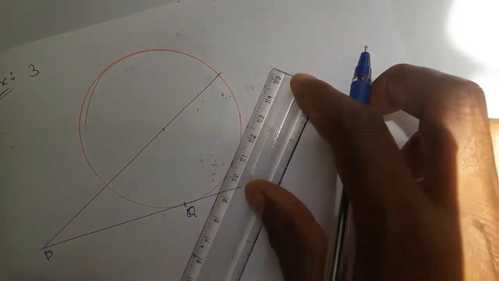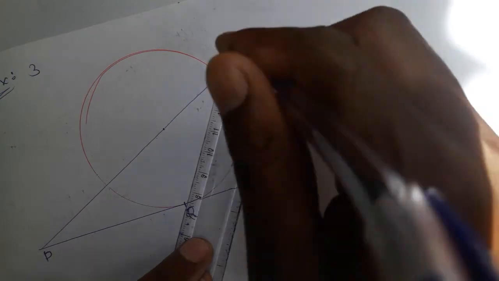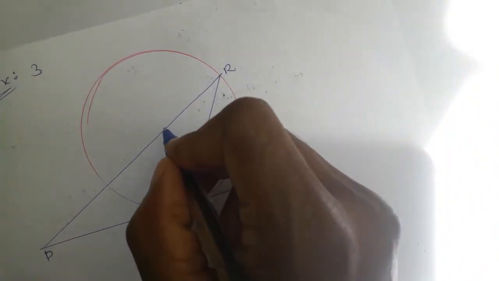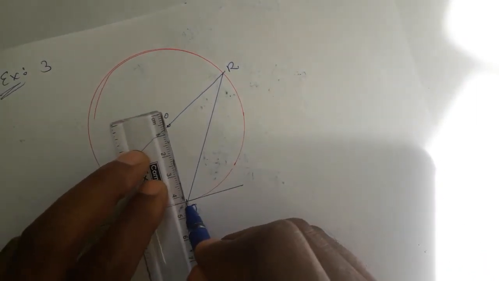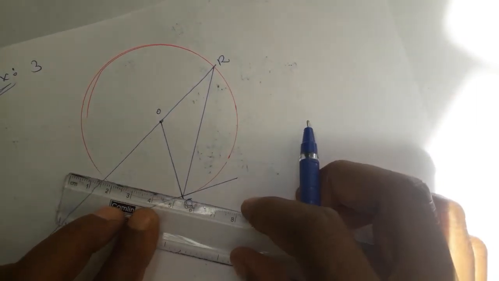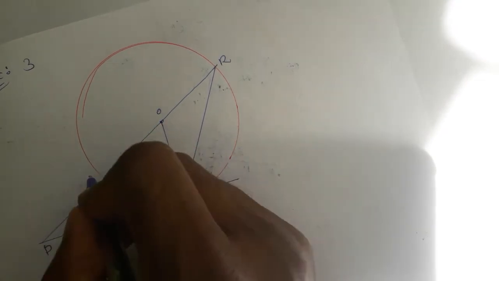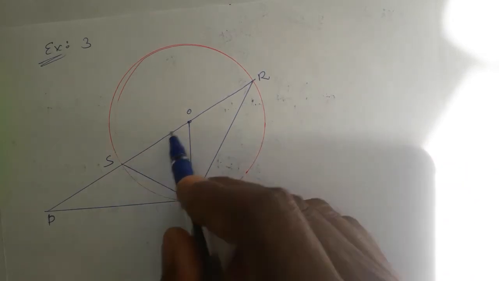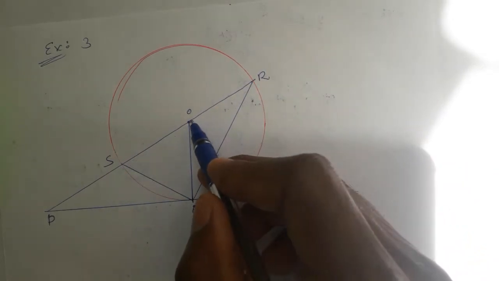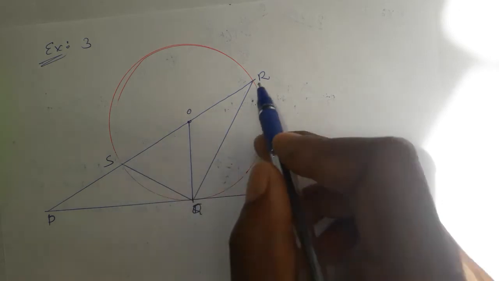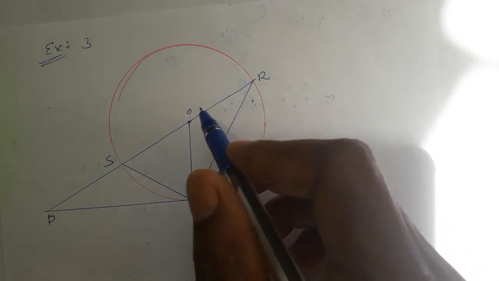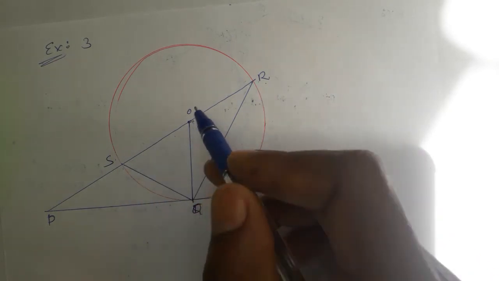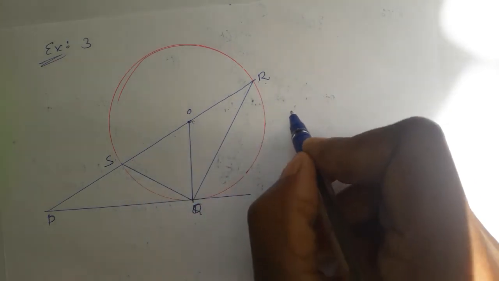PQ is a tangent. Here R, and here angle O at the center of the circle. Then this is S. So mark here SR, obviously it is a diameter because it passes through the center. Even if in the question SR is not given as a diameter, you take it so, because SR is passing through the center, we can take it as a diameter.